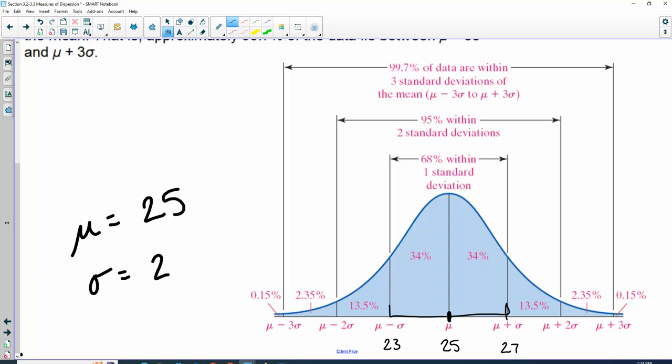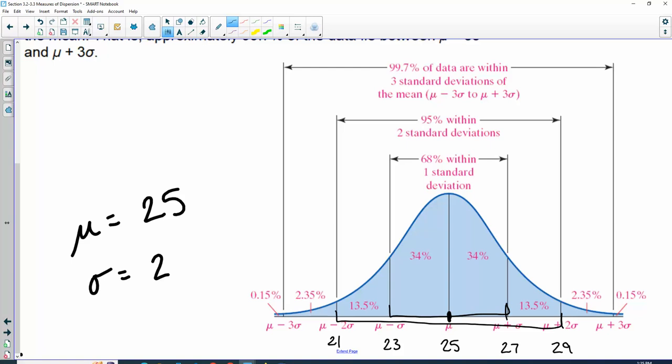That's one standard deviation. Okay, do we understand what I mean by that? So the next point, if you're looking on your formula sheet, 95% lies within 2 standard deviations. So a second standard deviation. If I add another 2, 29, subtract another 2, 21. So it's saying between 21 and 29, I would have 95% of my points.